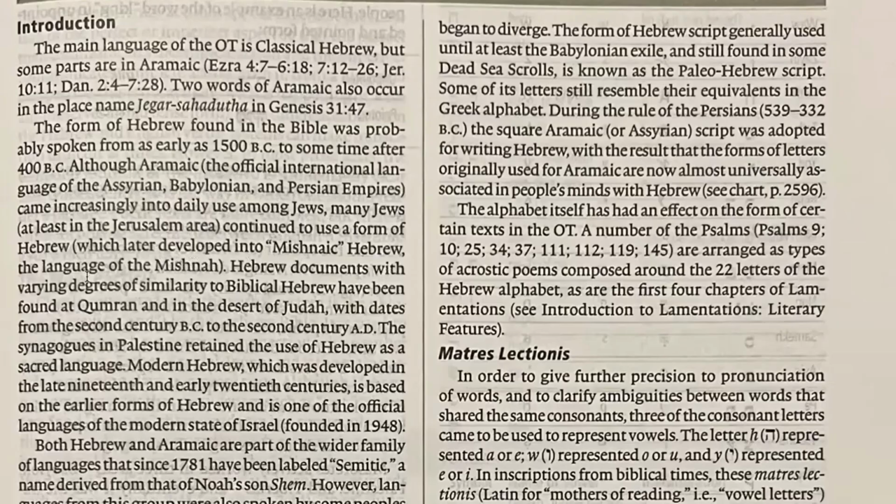Hebrew documents with varying degrees of similarity to biblical Hebrew have been found at Qumran and in the desert of Judah, with dates from the 2nd century BC to the 2nd century AD.